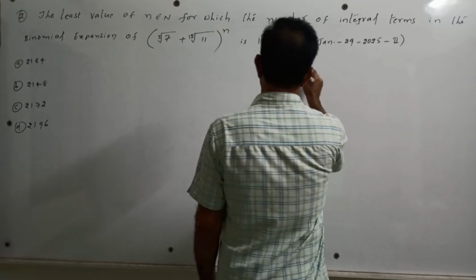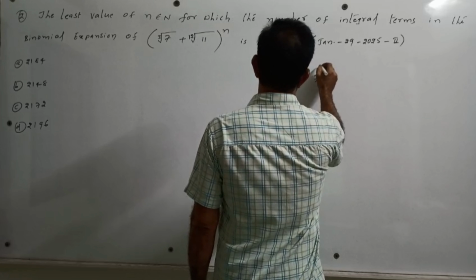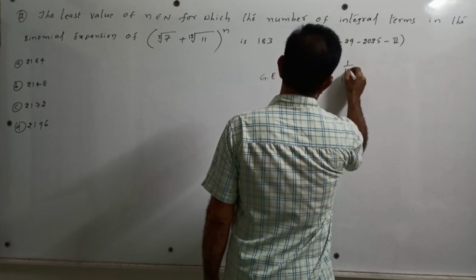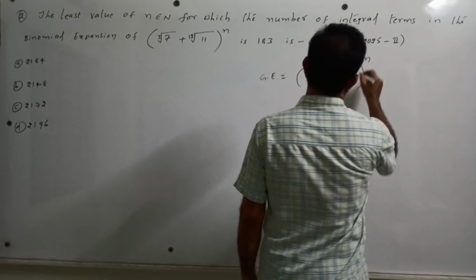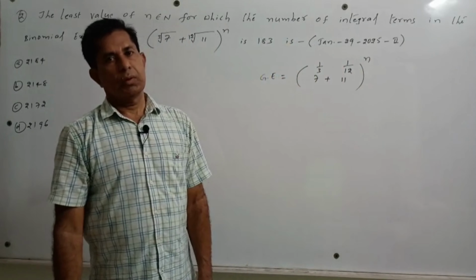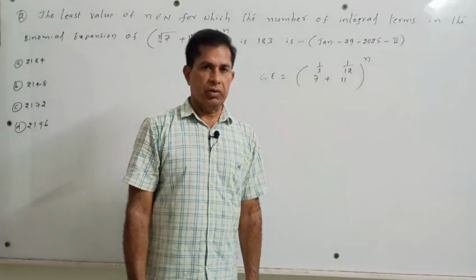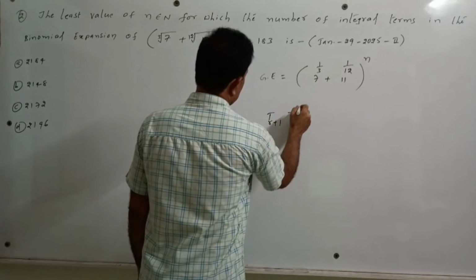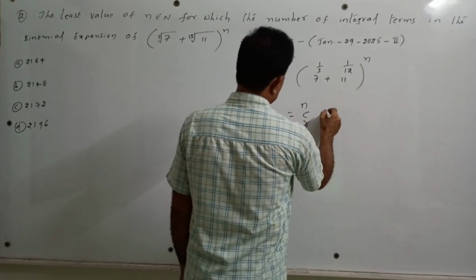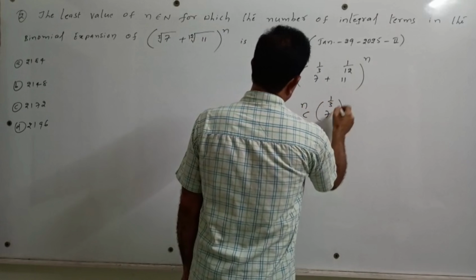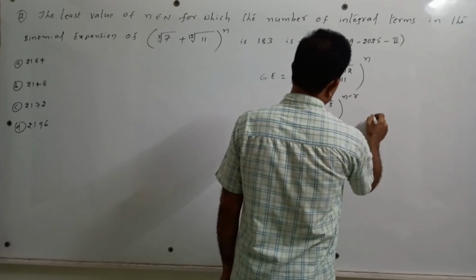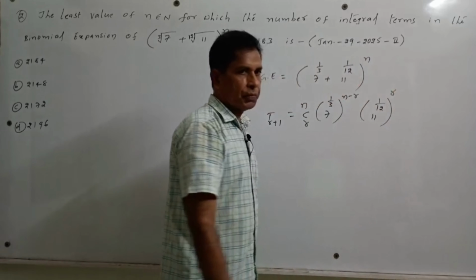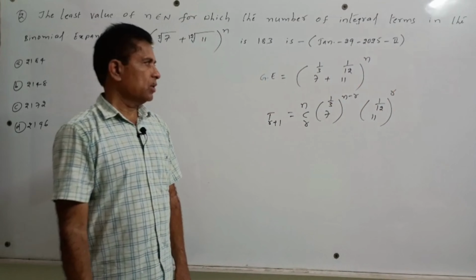So the given expression is equal to (7 to the power of 1 by 3 plus 11 to the power of 1 by 12) whole power n. For the number of integral terms, write the general term. The general term of the binomial expansion is nCr (7 to the power of 1 by 3) whole power n minus r, (11 to the power of 1 by 12) whole power r, that is nCr x power n minus r, y power r.